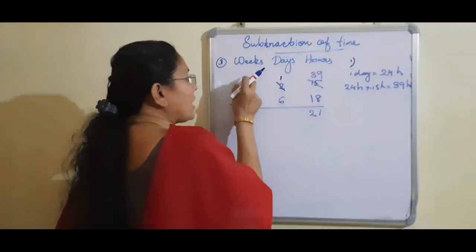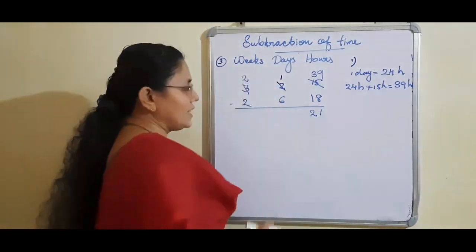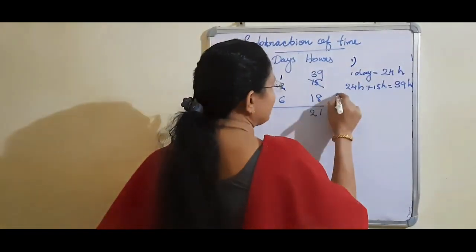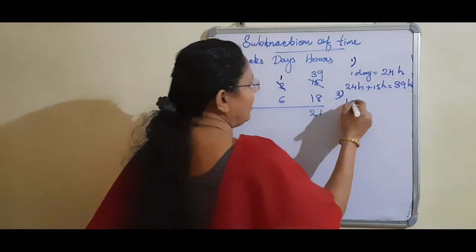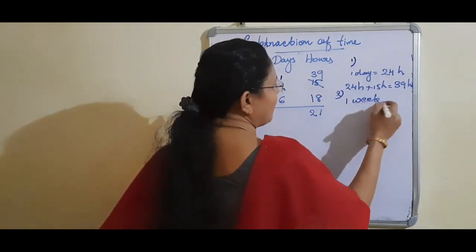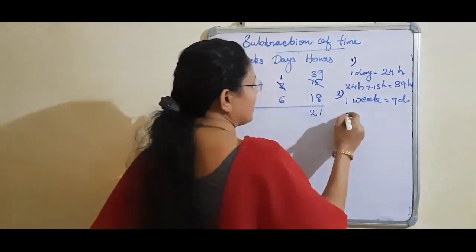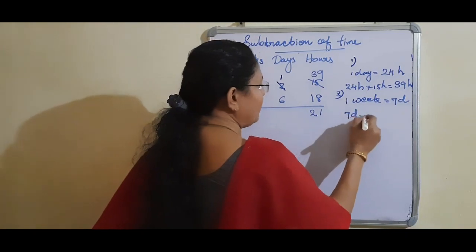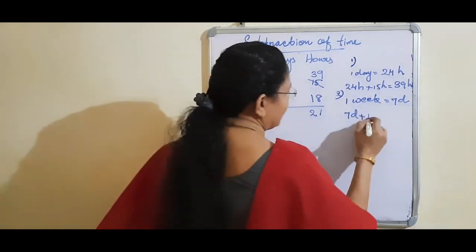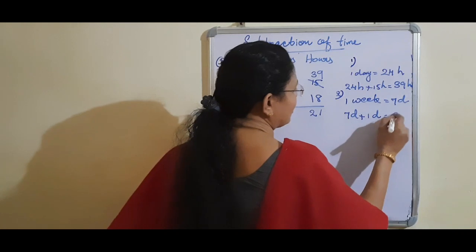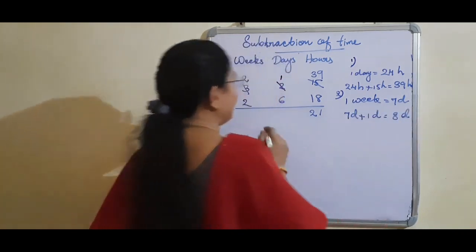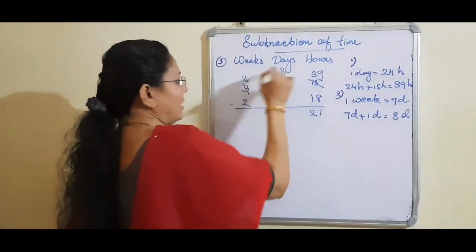And we have to change this weeks into days. You know that 1 week, this is second conversion, 1 week is equal to 7 days. So that this 7 we should add with this 1 day. 7 days plus 1 day is equal to 8 days. Okay, now we can cut and write here 8.